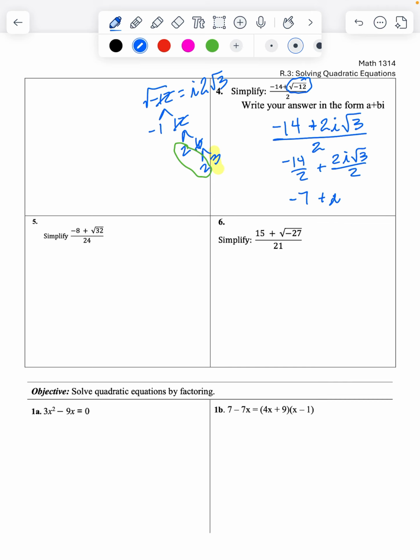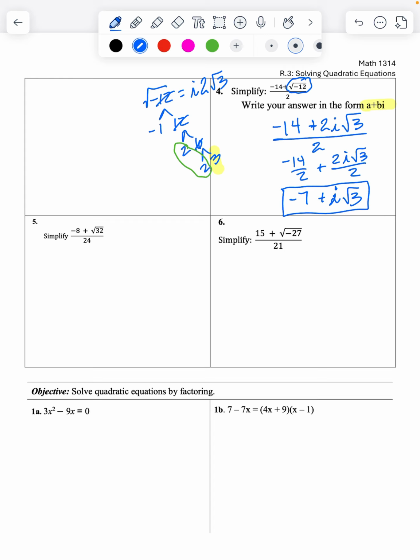You can write the 1, but you don't have to. But you do need to write the i that's on the outside and the 3 that's on the inside of the square root. So that number 4 has been simplified, written in the form that they specified in the instructions, a plus bi, and it's exact.